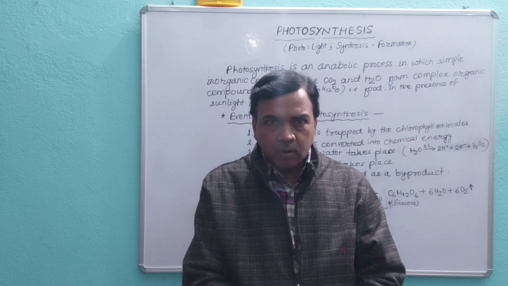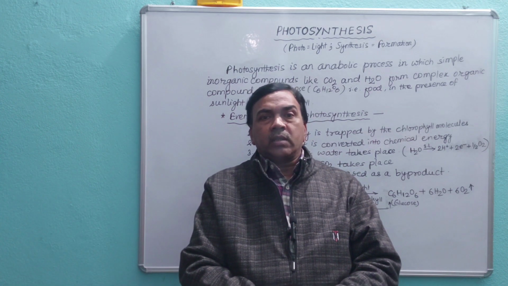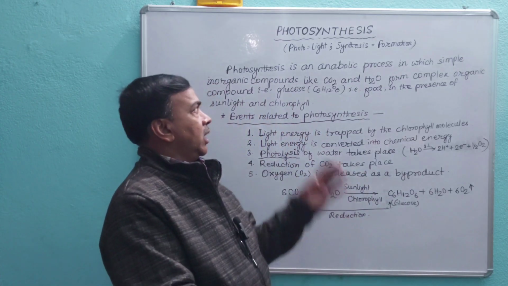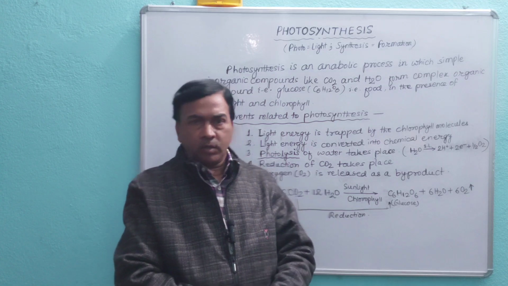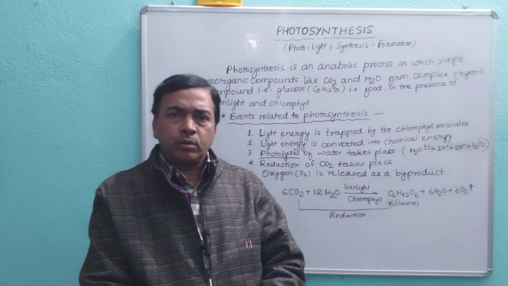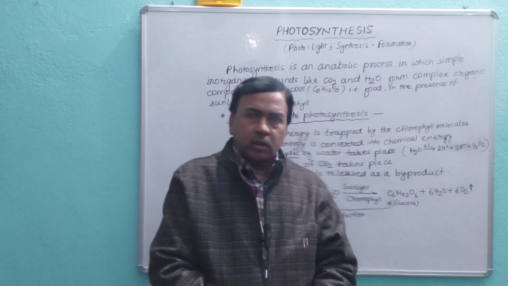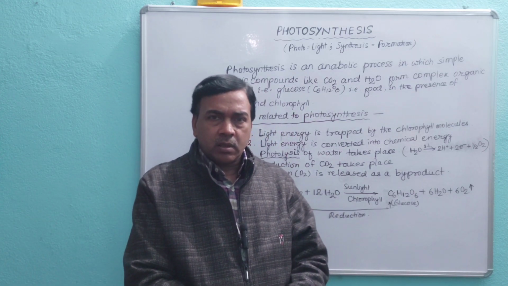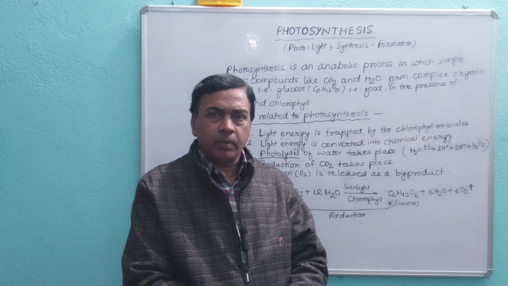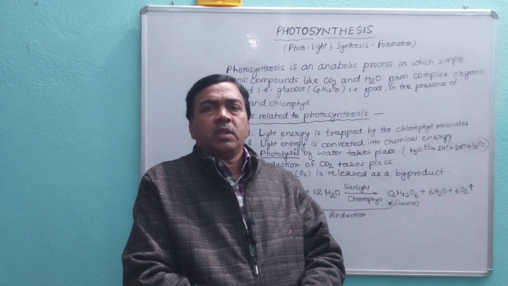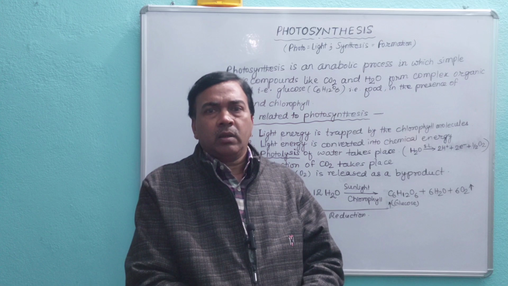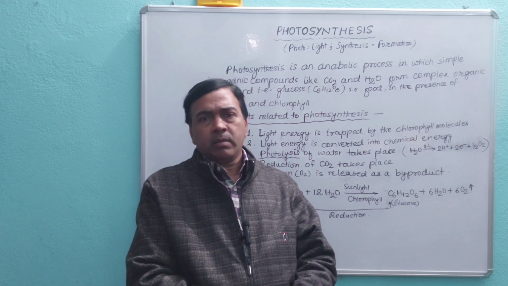So, first of all, we shall define photosynthesis. What is photosynthesis? Photosynthesis is an anabolic process in which simple inorganic compounds like CO2 and water assimilate in the presence of sunlight and chlorophyll to form a complex organic compound, that is glucose or food, and oxygen is released as a byproduct.